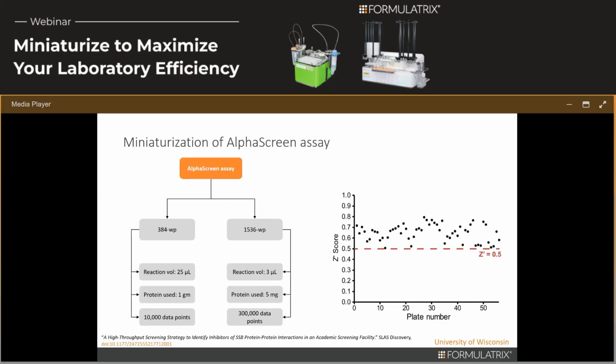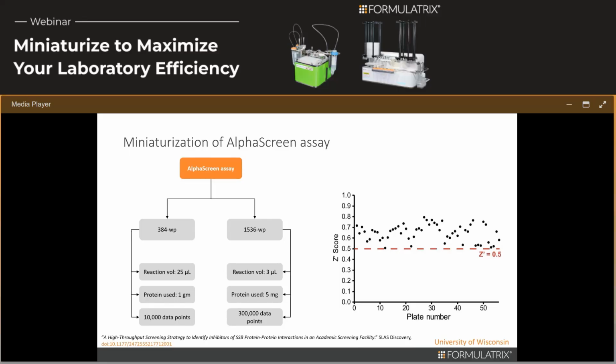AlphaScreen is a bead-based homogeneous assay that does not require separation steps or washes. Full-scale and miniaturized assays were performed in an experiment to study the protein-protein interactions. The full-scale reaction was performed in a 384 well plate, while the 1536 well plate was used for miniaturization.